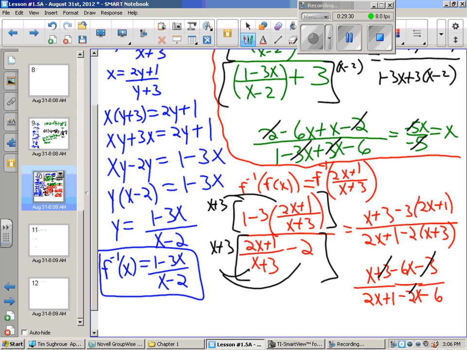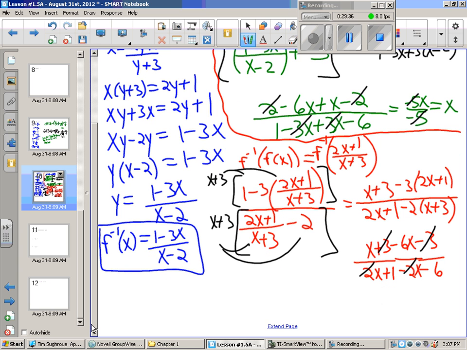Here, the 2x's cancel. So we are going to get on top negative 5x, on the bottom a negative 5. And those cancel to leave an x. Voila, it works. It should work every time if you do it correctly.